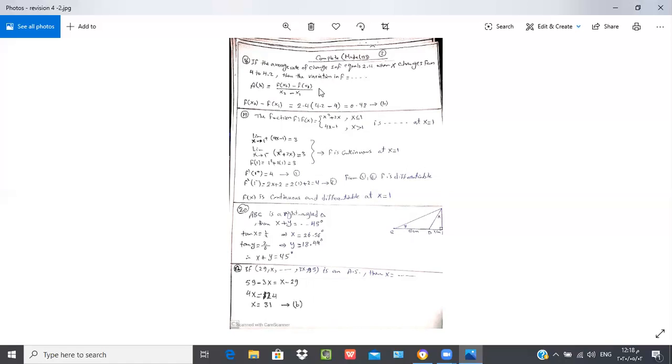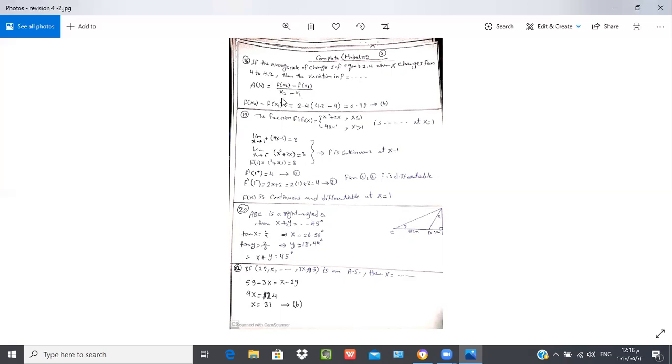The variation. You know that the average rate of change, if you have two x's, I said before, I have two x's here. So average rate of change equals delta y over delta x. A change of y over a change of x. So f of x2 minus f of x1 over x2 minus x1.